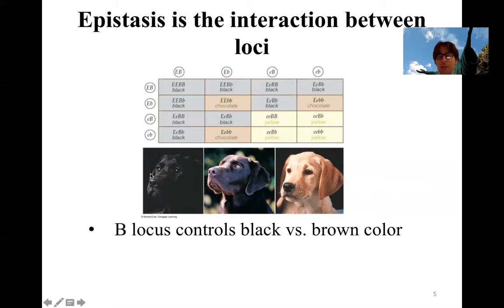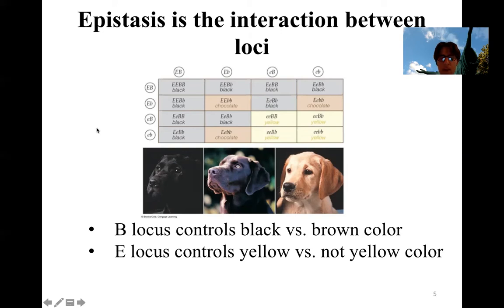Let's say that we have a phenotype, fur color of Labradors, ranging from black to brown to yellow. And let's pretend that we have two different genes or two different loci, the singular version of loci is locus. Let's say the B locus controls black versus brown, and the E genetic locus controls yellow versus not yellow.